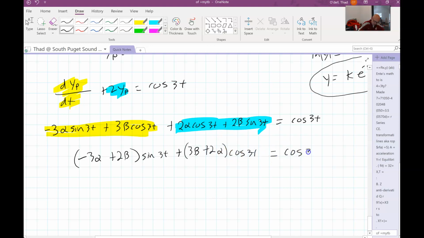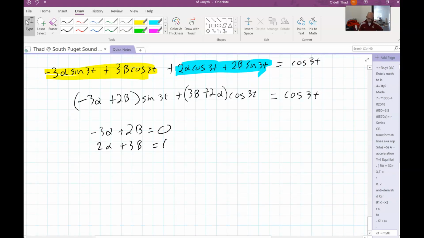And that's supposed to be equal to cosine of 3t. So in order for this to work out, we need negative 3 alpha plus 2 beta to be equal to 0, don't we? Because there's no sines over here. And we also need, I'll put this in different order, 2 alpha plus 3 beta to be equal to 1, so that it'll end up being just cosine of 3t.